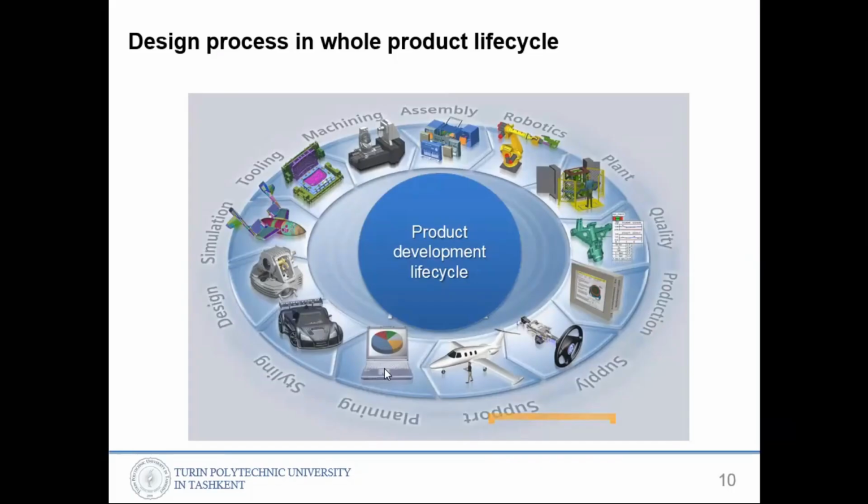Then after planning, the styling, the artistic design, comes in. Artistic designers draw the shape of it. This is not a technical drawing. After this, the mechanical designers, the product designers, who are the engineers, use this artistic shape.